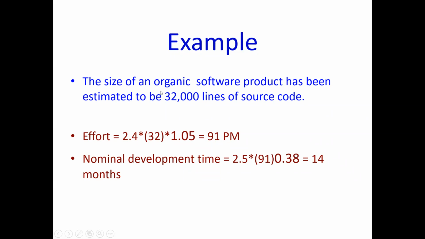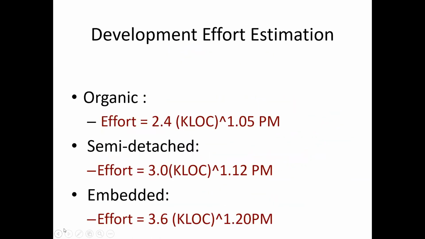So the size of a semi-detached software product has been estimated to be 32,000 lines of source code. Now you tell me what formula we should use for this effort and time. I have changed organic to semi-detached. Which formula should you use?